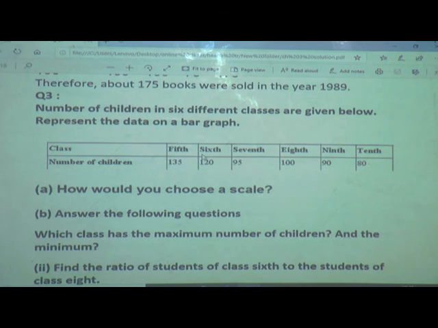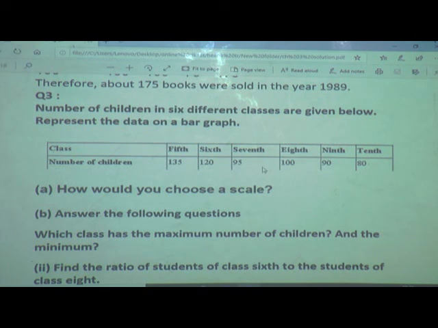We have to carry the graph paper and first find out both scales on the x-axis and y-axis, and then you have to see what is given in the tabular form. The classes are given which will be written on the x-axis, and the number of children which is given here we have to write on the y-axis.